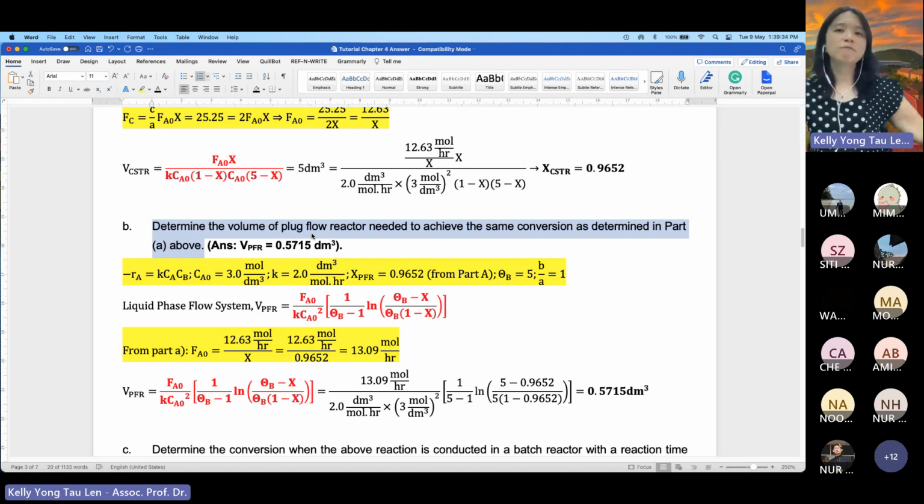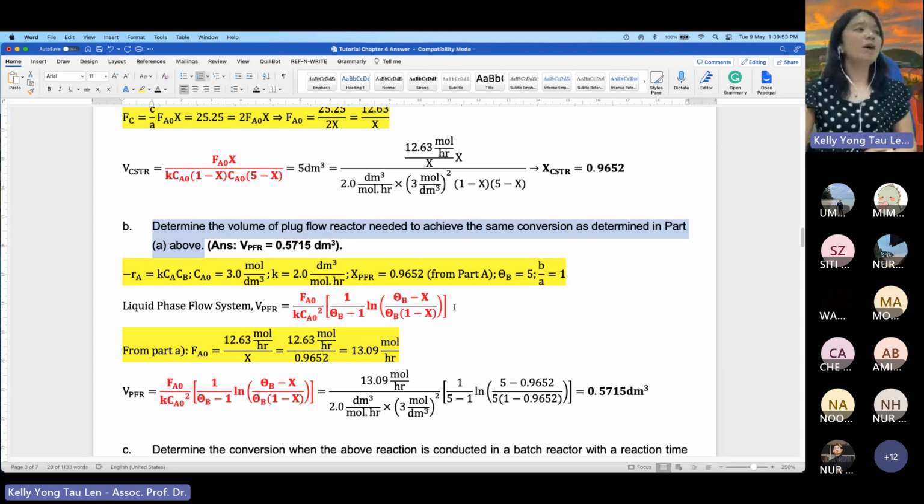Katakan sekarang saya tak nak guna yang 5 dm cube CSTR, saya nak guna PFR, saya nak tahu berapa volume PFR pula yang saya perlukan. So that's the question. So meaning all the rest of information masih sama. Yang berbeza hanyalah kita nak kena cari volume untuk reaktor PFR yang baru ni.